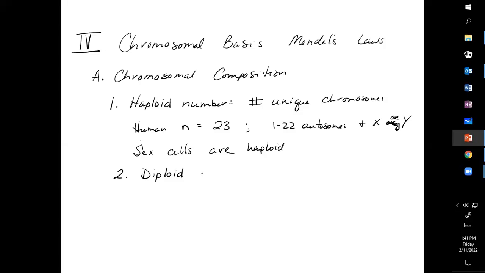Diploid organisms have two complete sets of unique chromosomes. So they're 2N. They have two sets of those unique chromosomes.